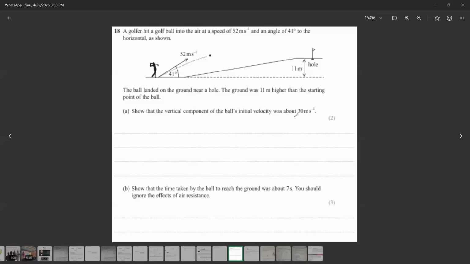Thirty-four point one. Okay, so about 30 we have to show. So this will be 52 sine 41.